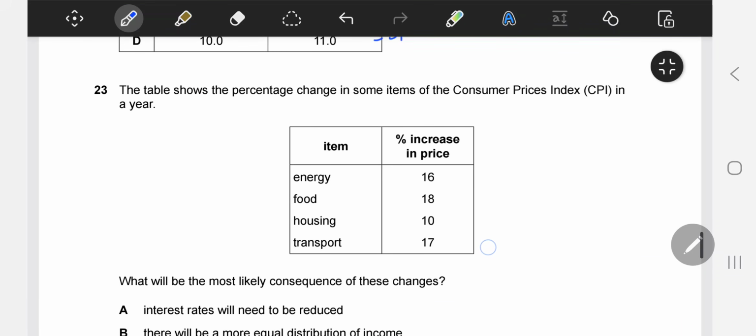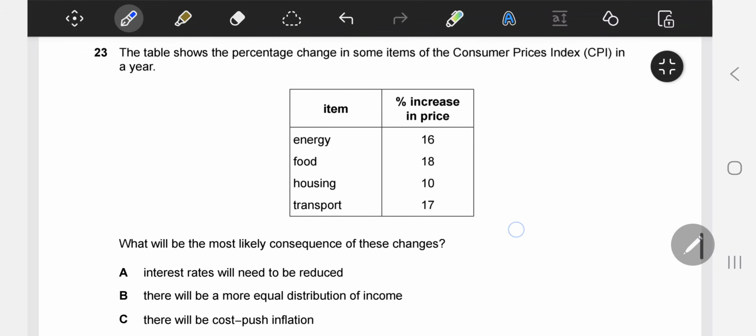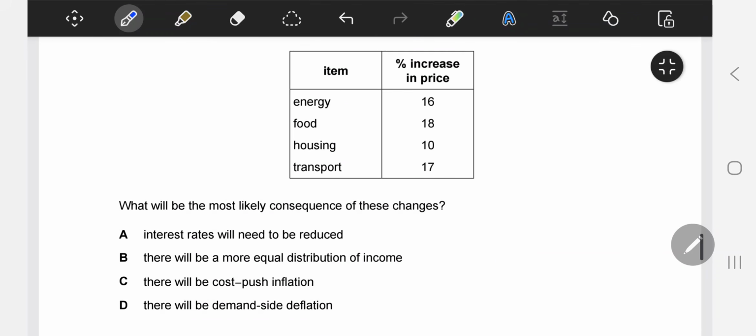Let me read the question again. What would be the most likely consequence of these changes? If we reduce interest rates, we're going to have more inflation. So this one, no. There'll be a more equal distribution of income. I think this one, no, because the low income earners are spending most of their money on most of these things here. So they'll be even more broke.